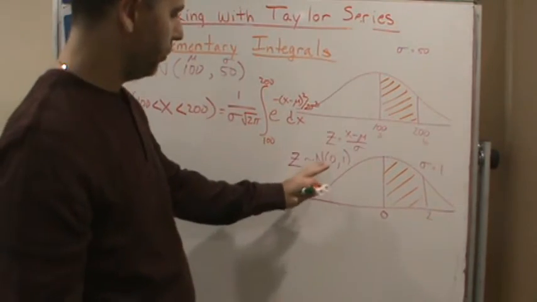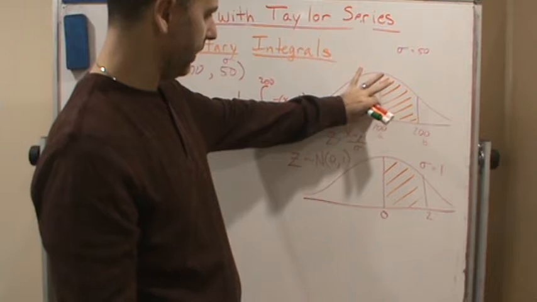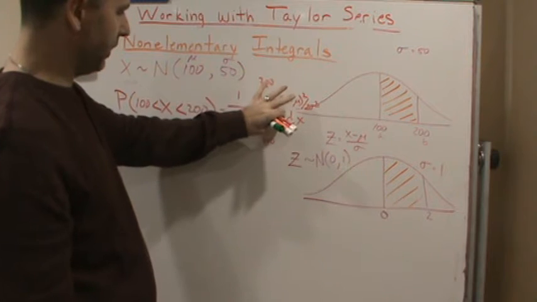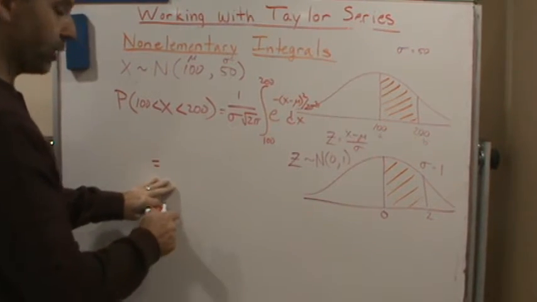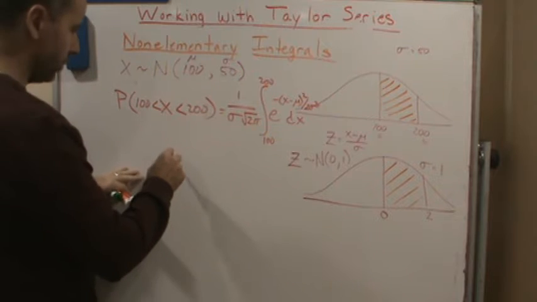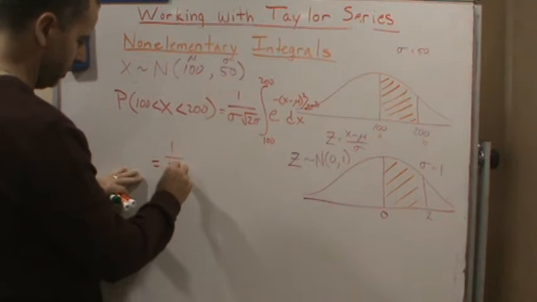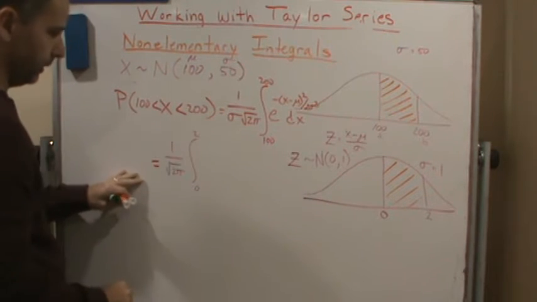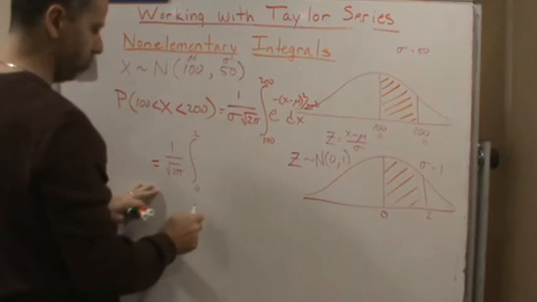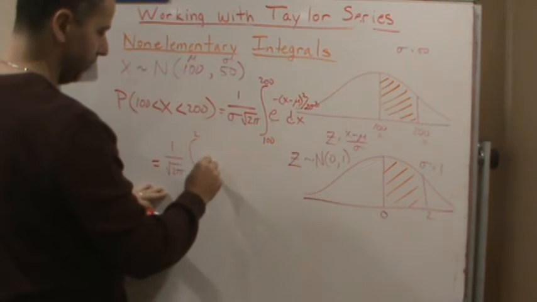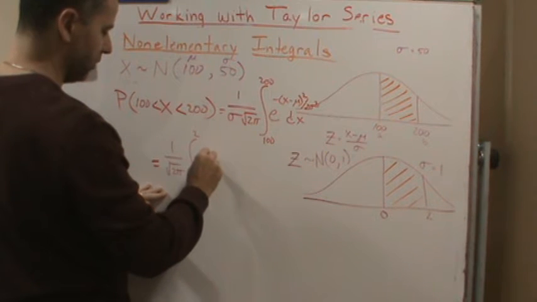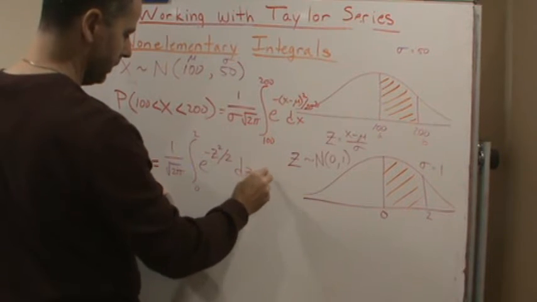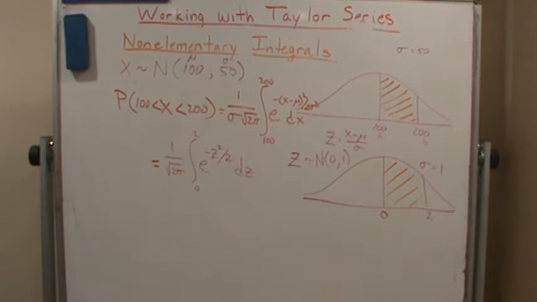Instead of dealing with this integral, now I can deal with the simpler integral: 1 over the square root of 2 pi times the integral from 0 to 2, instead of from 100 to 200, of e to the negative z squared divided by 2 dz. This is what I'm going to work with.